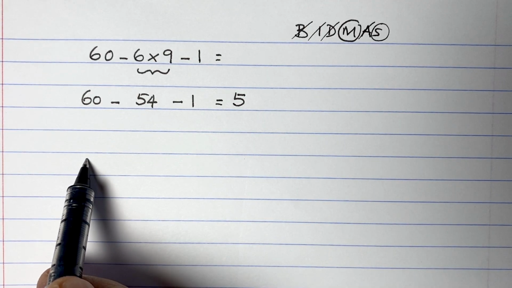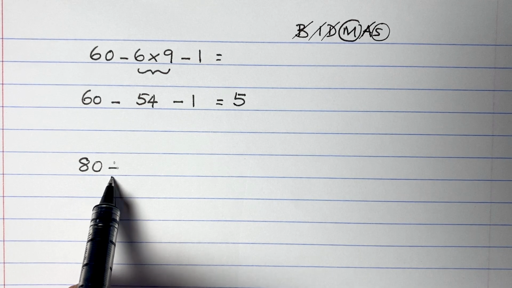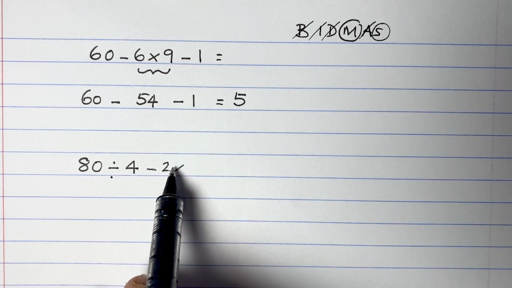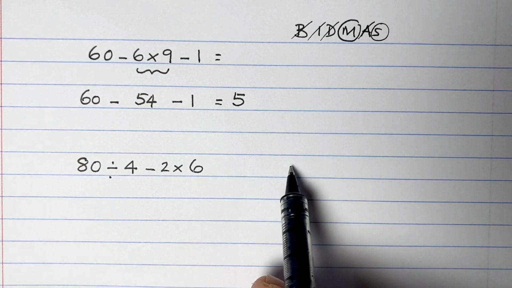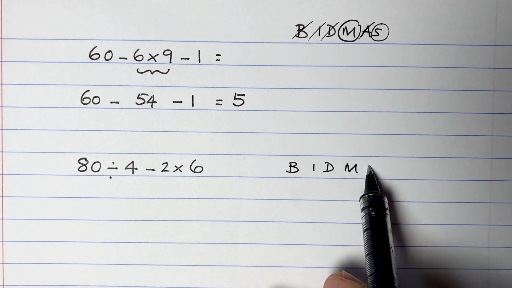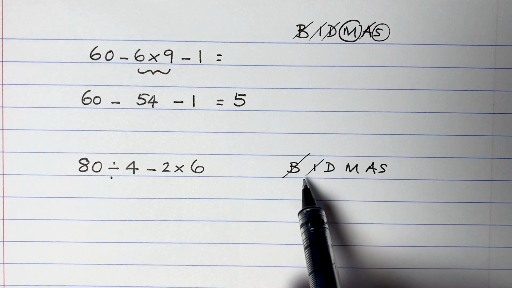Let's do another one. 80 divided by 4, take away 2 times 6. BIDMAS. I haven't given you any brackets or indices.